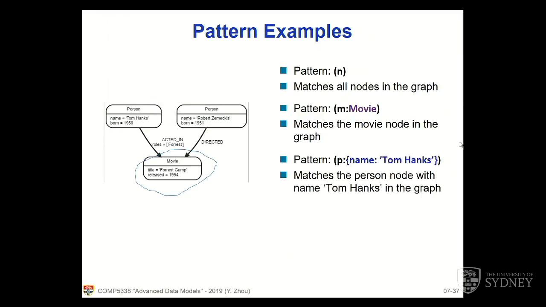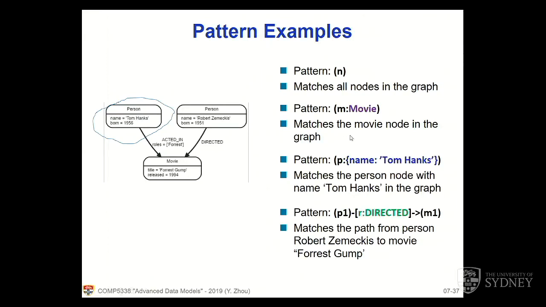And now if we have something like this, it matches a node which has a name called Tom Hanks. And most likely, in this very small graph, it matches a single node, which is this one, with the name Tom Hanks.